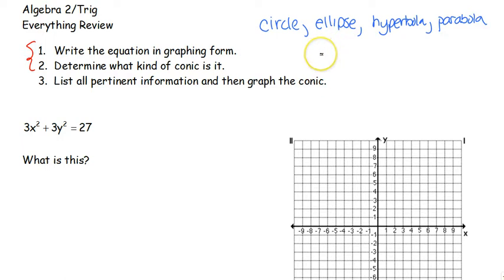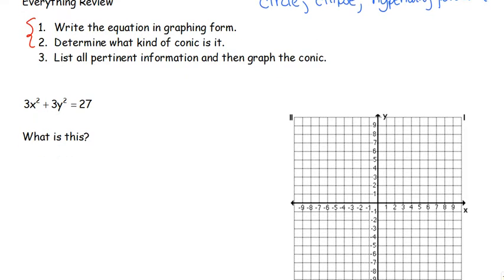So when we look at our first equation, we have to determine what kind of equation this is. Some of you may be thinking it's an ellipse, but it's really not, because the 3 and 3 are the same, so that's the same distance.